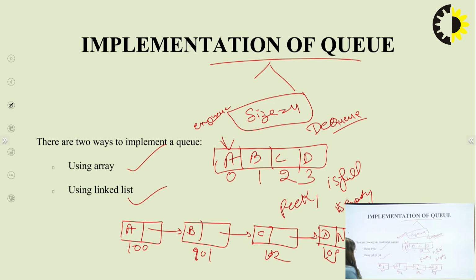This is your head part, and it shows the first node's address. So this is the linked list representation.